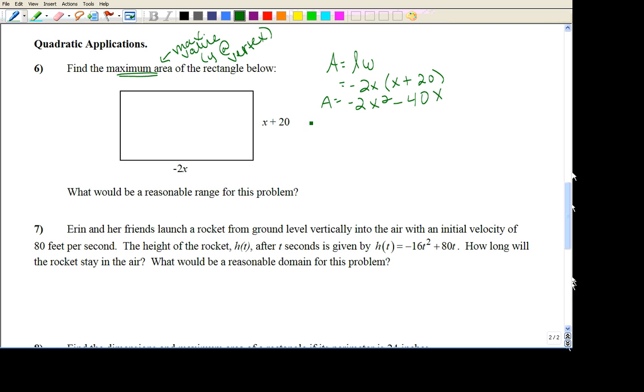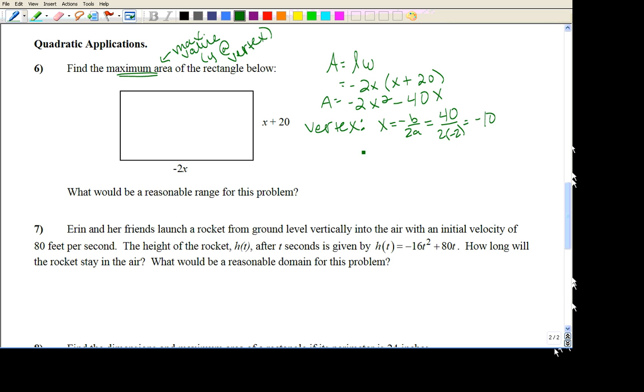So if we want to find the vertex, that's x equals, to get the y we have to get the x first. So we'll have -b over 2a. So negative of -40 is positive 40 over 2 times a, which is -2. So 40 divided by -4 is -10.